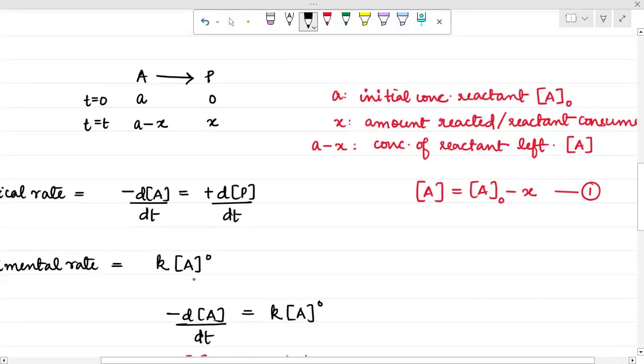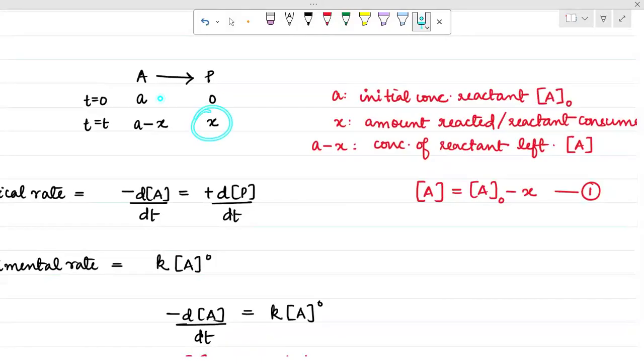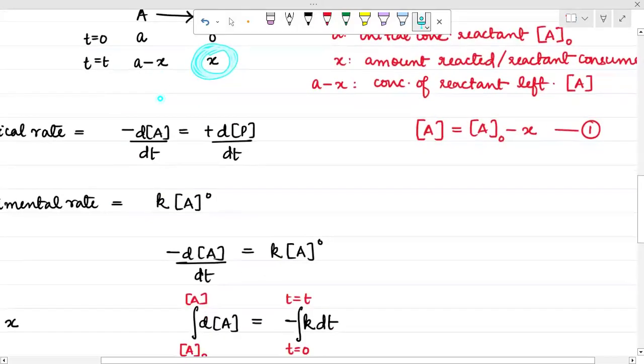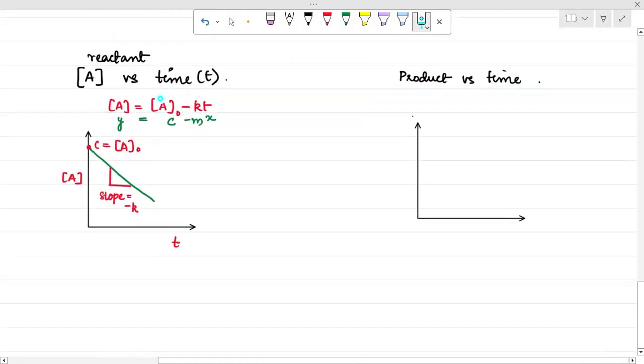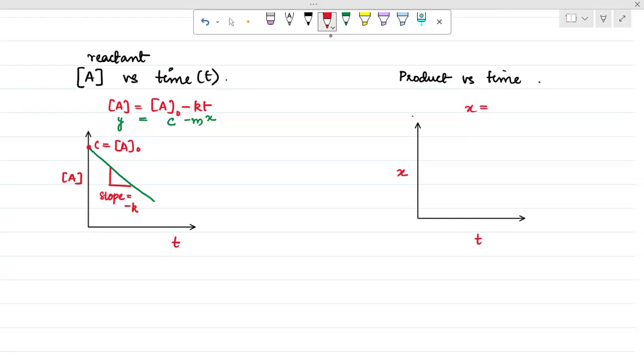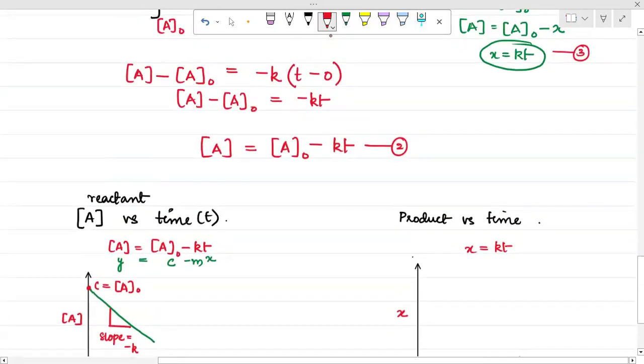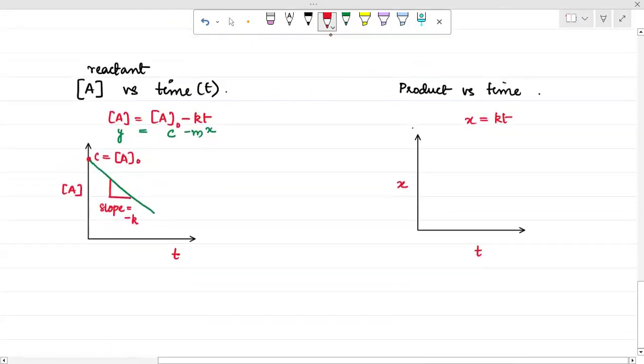What is the concentration of the product that you have? It is X. So we need to plot X versus T. And what is the equation that we know? We know that X is equal to KT, equation number 3.